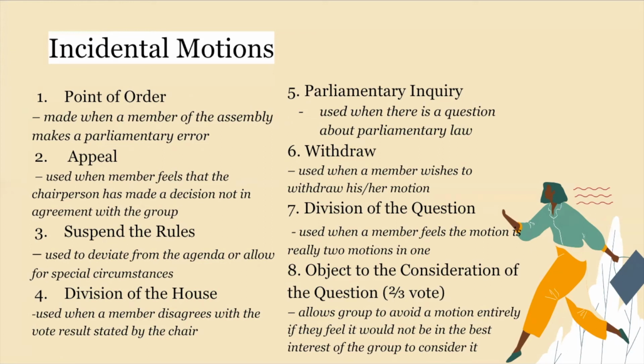So a division of the House is used when a member disagrees with the vote stated by the chair. You would say, I call for a division of the House, and then Senator Allen would say, all who are in favor of this bill, please raise your hand. They will vote. All that oppose, raise your hand. They will vote. And all who abstain, raise your hand.